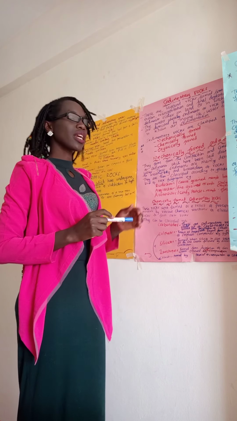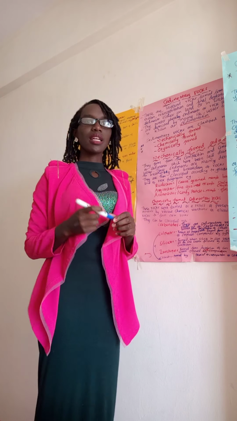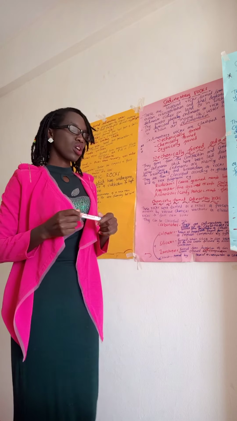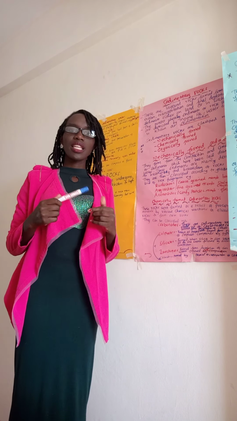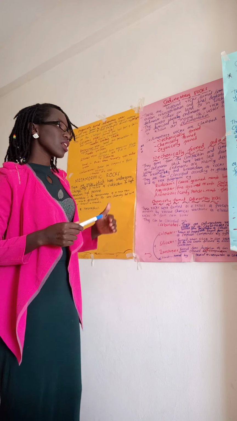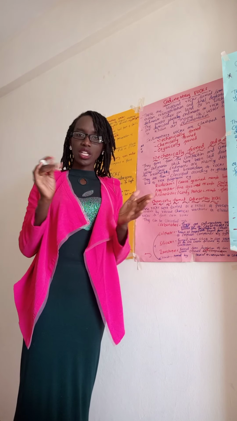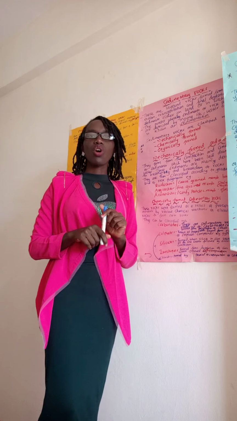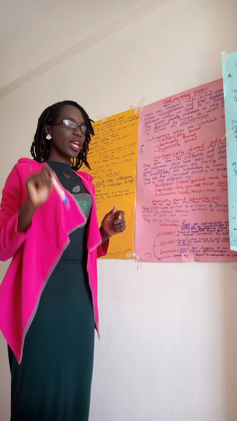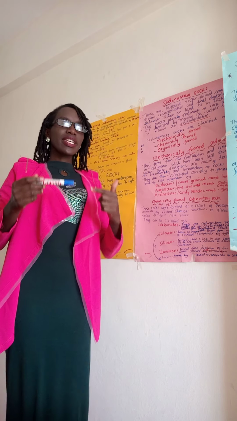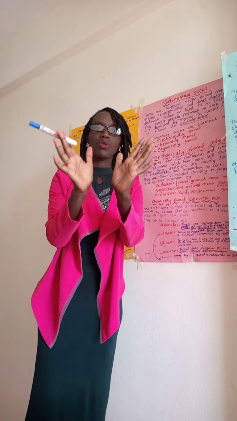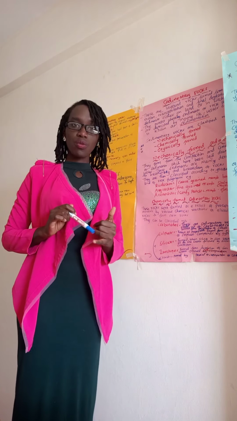So let's begin by looking at the mechanically formed sedimentary rocks. What are these mechanically formed sedimentary rocks? These are the rocks which are formed as a result of compaction and cementation of these sediments in the sea. And earlier on we said these sediments will have to be moved by either ice or water.